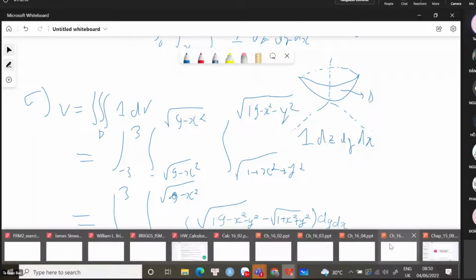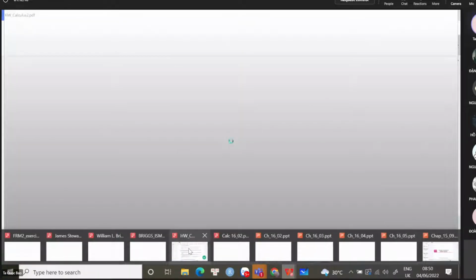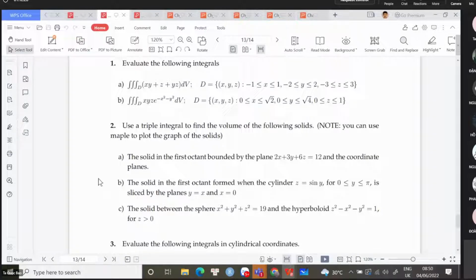So look at here, we find the intersection between this solid and the hyperboloid.